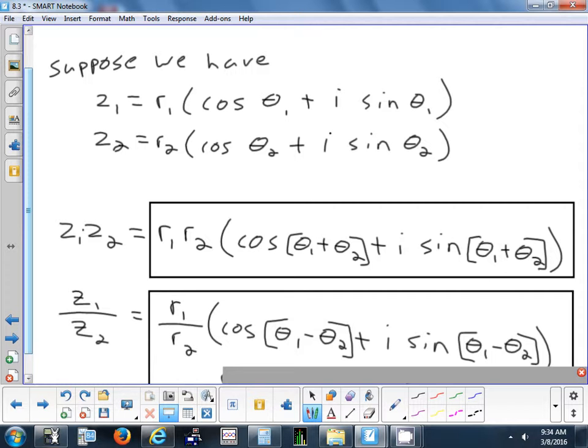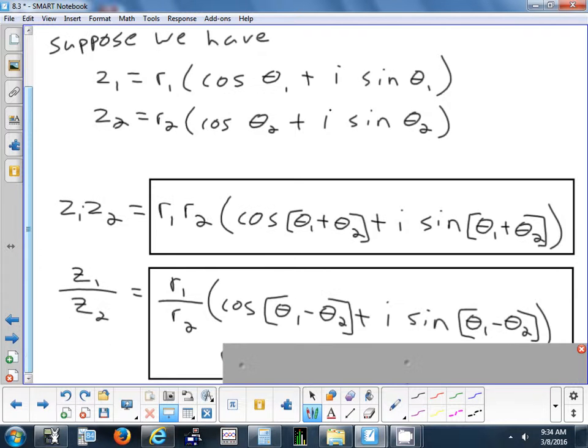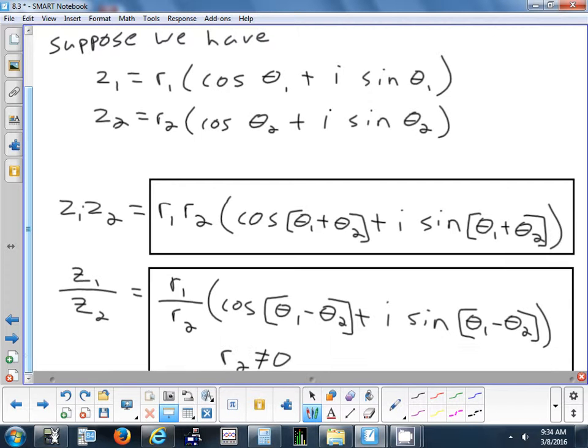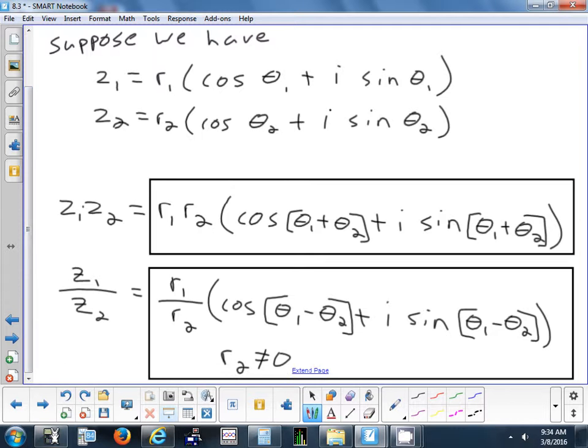So if you want to divide two complex numbers, remember how I just showed you we did it, where you found the conjugate, we FOILed, all that stuff. Now, all you have to do is divide the radii and subtract your angles. That's it. And of course, you can never divide by 0, so R2 cannot equal 0.